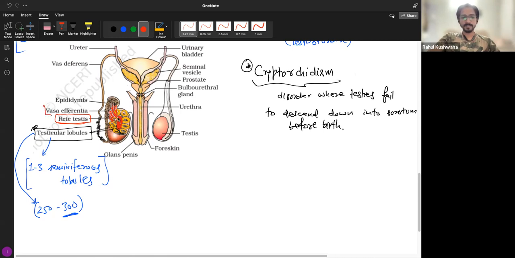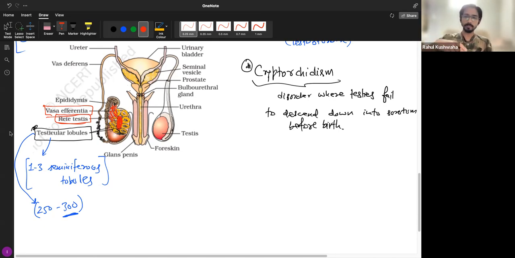Okay. So these small tubules or ducts are very coiled. Okay, they are like springs, coiled like springs, and they are called vasa efferentia because they radiate out of the testes. They go out of the testes. And where do they go?